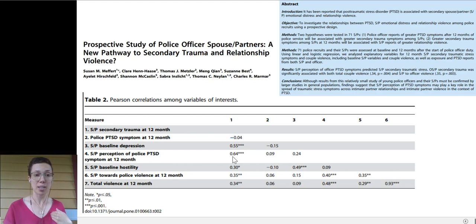So 0.64 here is showing the relationship between the spouse or partner's perception of the officer's PTSD symptoms, connected to the secondary trauma symptoms that spouse or partner themselves is experiencing. So here we have another positive relationship.